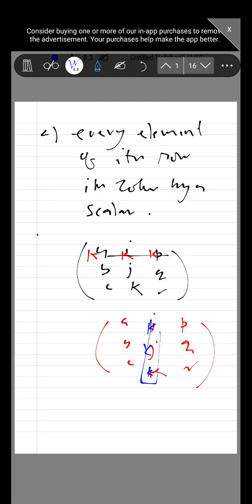So this is multiplying any ith row or jth column by a scalar. This is another type of elementary transformation.